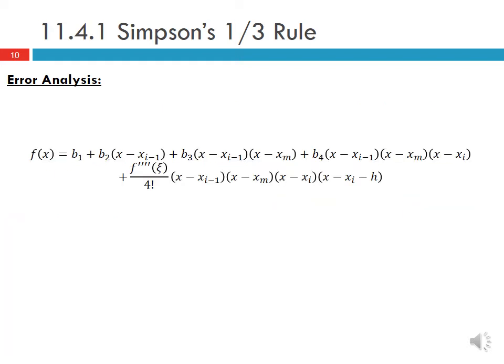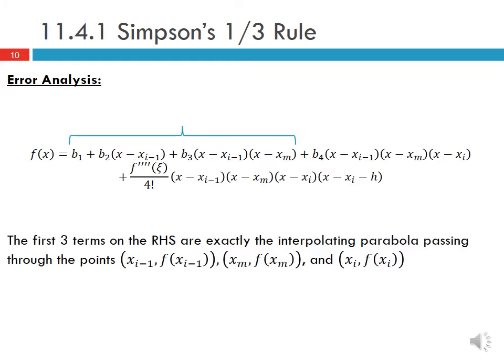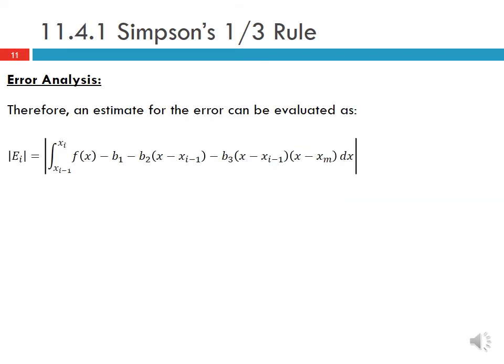Just rewriting this, we can see that the first 3 terms on the right-hand side are exactly the interpolating parabola passing through our 3 points, x_{i-1}, x_m, and x_i. This means an estimate of the error can be evaluated as here: our actual function minus our parabola estimate, and then integrating that over our interval.